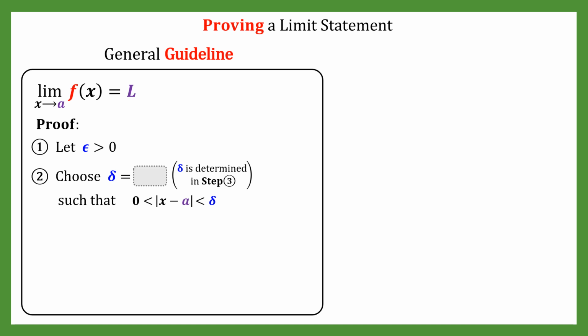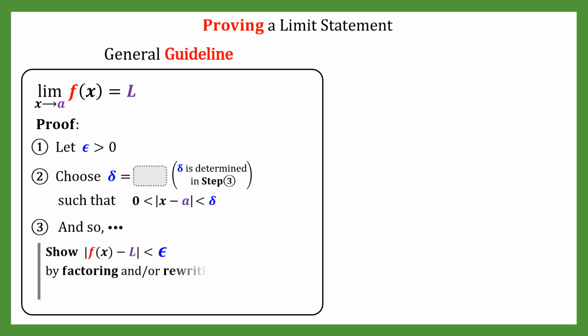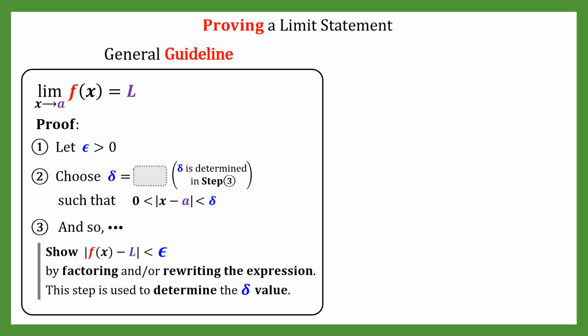For the third step, the keywords "and so" are used to indicate the start of the proof based on the given inequality. The goal is to show that the absolute value of f minus L is less than epsilon. And this can be done by factoring and/or rewriting the expression. In addition, this step helps determine the chosen delta value.